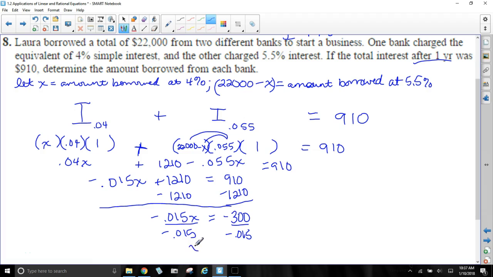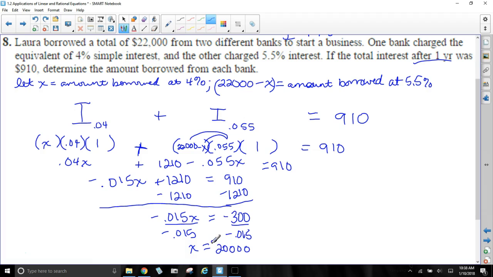And so we get x, which recall from the statement above is the amount borrowed at 4%, is going to be the negative 300 divided by the negative 0.015, and a negative divided by a negative turns out to be a positive, and when you divide those numbers, it's 20,000.